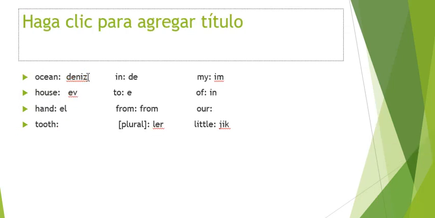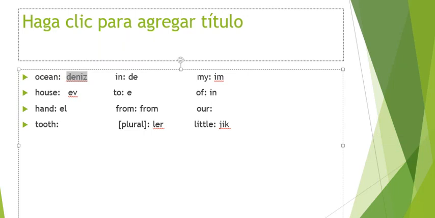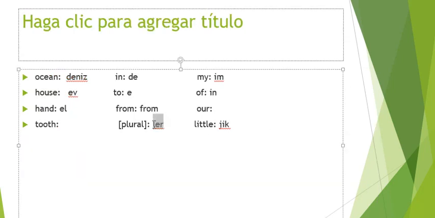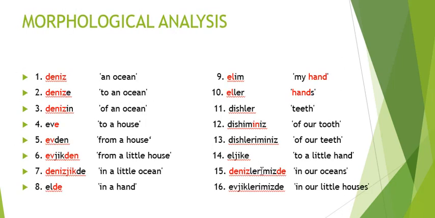Ocean in Turkish is deniz, right? Deniz. So I'm going to cross out deniz here. And it is not only deniz, but it is plural, oceans. And how do we mark plurality in Turkish? Remember? We mark plural using the morpheme ler. So that means that ler must be removed or colored, however you want.